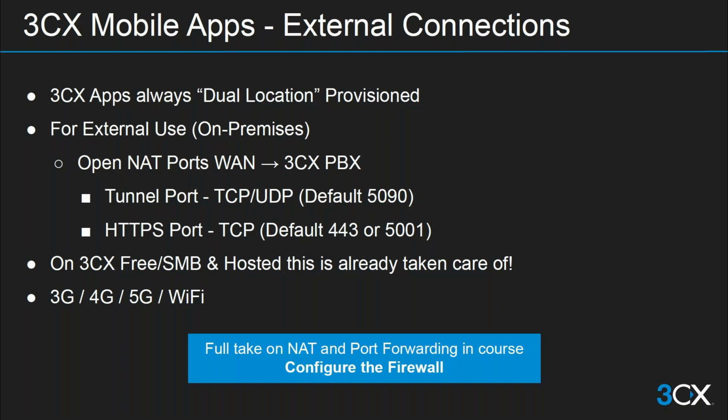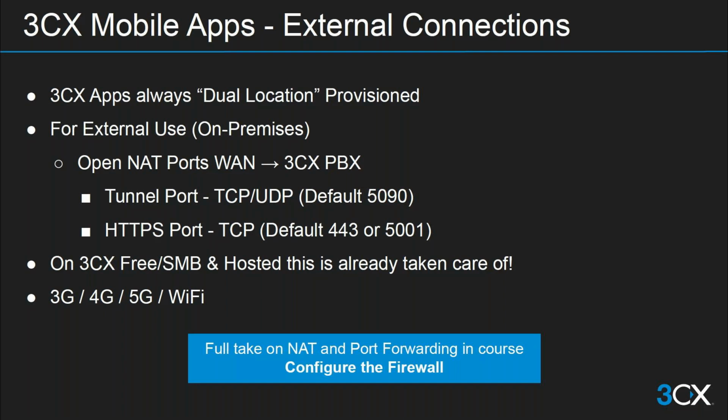The 3CX apps are always dual location provisioned, so it recognizes if you are on a local LAN, for example, if you're local to the PBX, if the PBX is on-prem, or if you are remote to the PBX, if the PBX is hosted, or if the PBX is on-prem and you are outside somewhere using the mobile network.